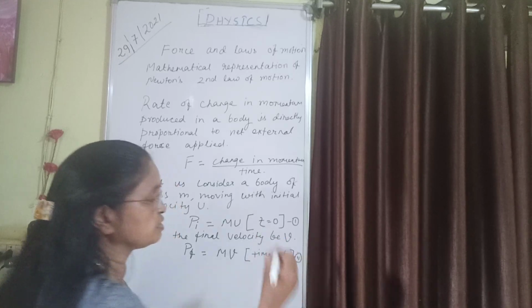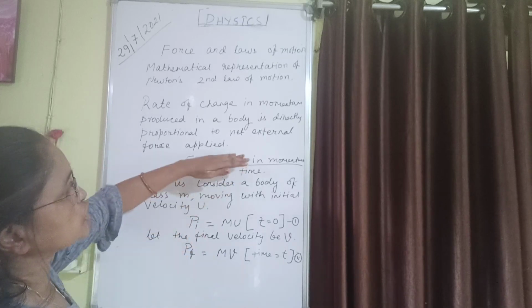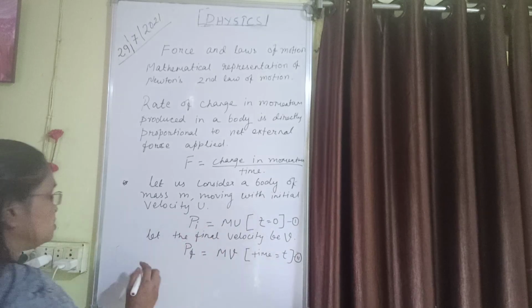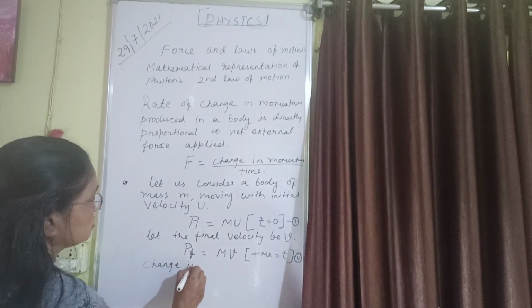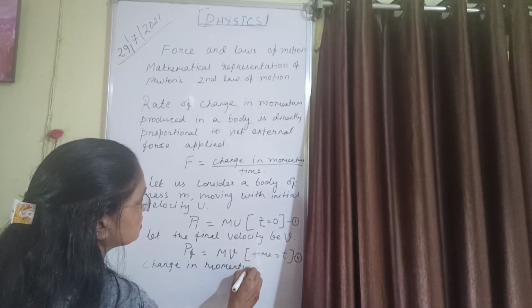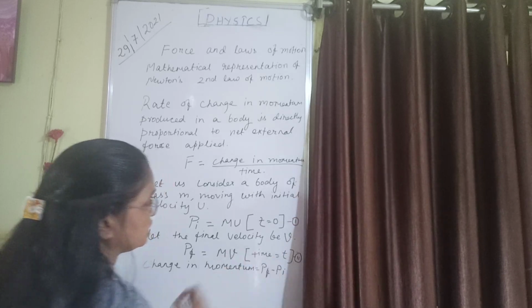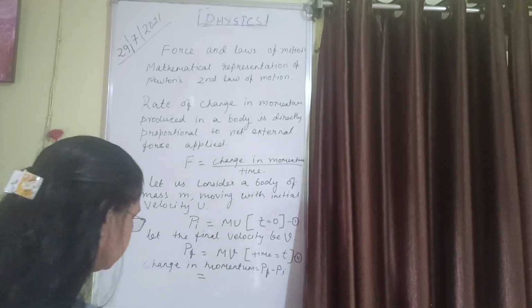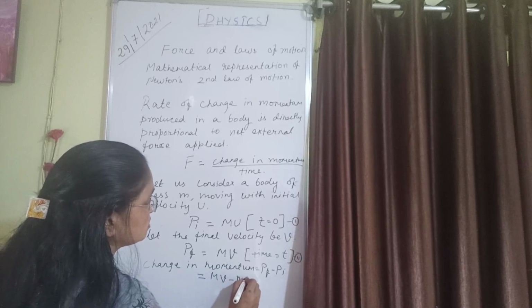We have got two equations. Step by step, let us find the change in momentum. What can the change in momentum be? Very simply, change in momentum is equal to P final minus P initial, which is mv minus mu.